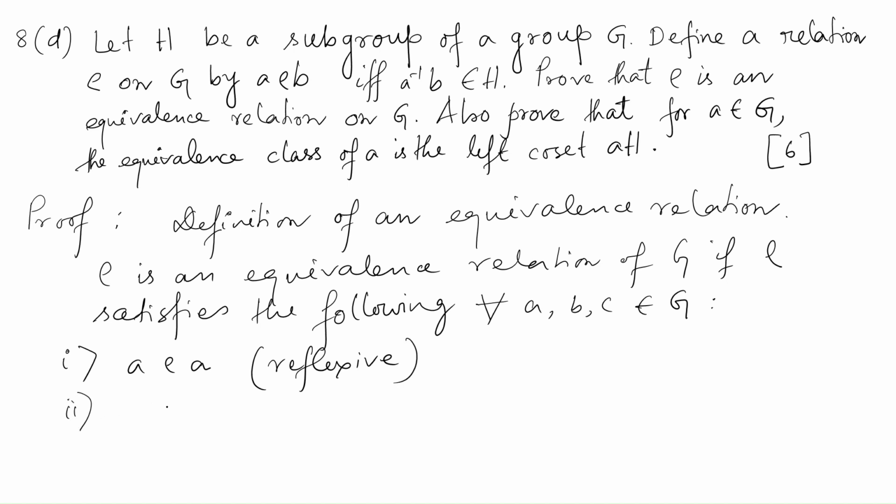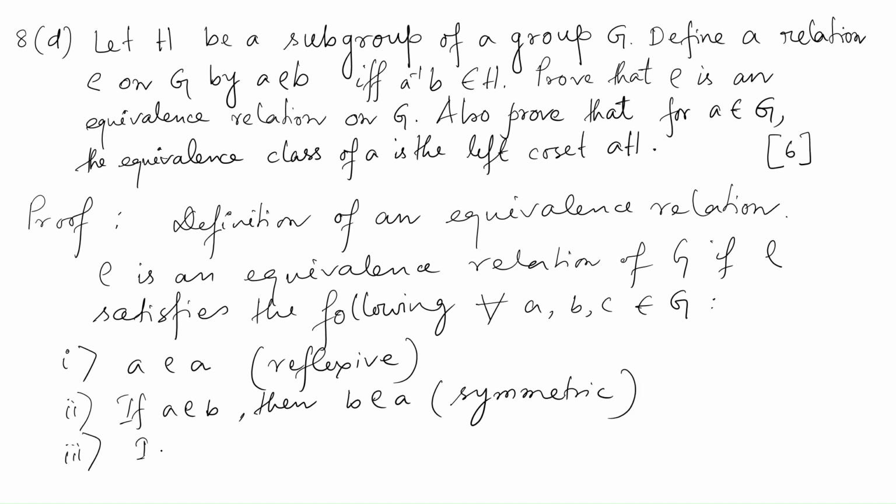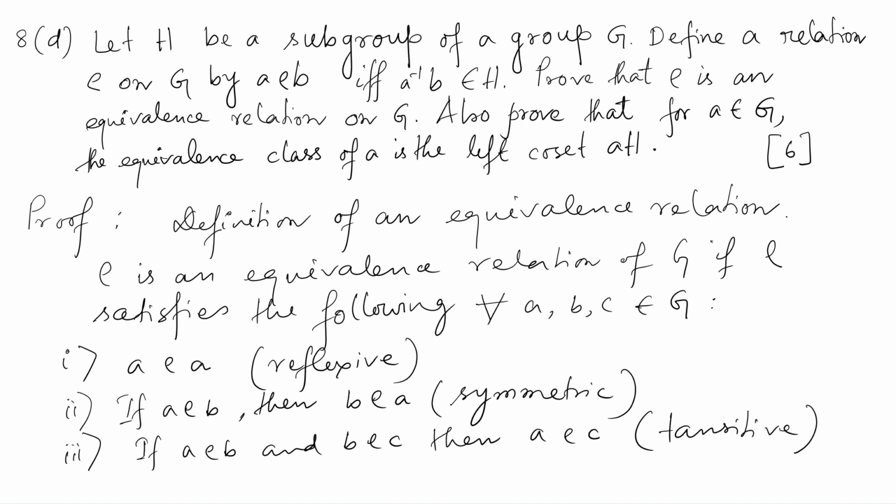Number 2, if a rho b, then b rho a, which is called symmetric. Number 3, if a rho b and b rho c, then a rho c, which is called transitive. Now we will show each of them one by one.